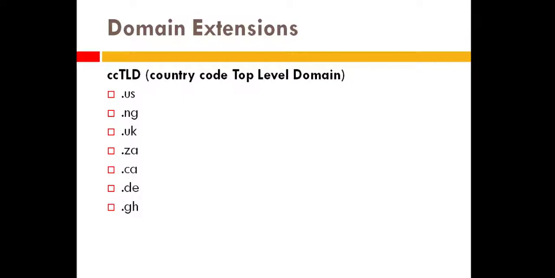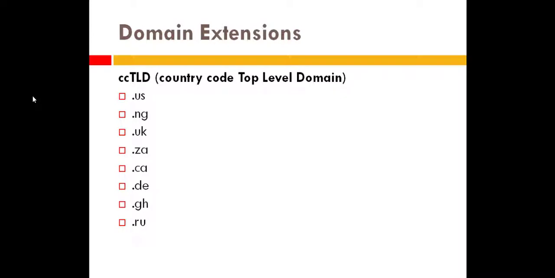We have .gh, which is for Ghana. We have .ru, Russia. .in, India, and so on. So we have so many country code top level domains. They are many and usually 2 letters long.